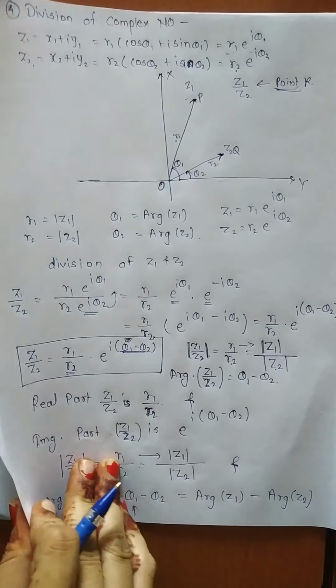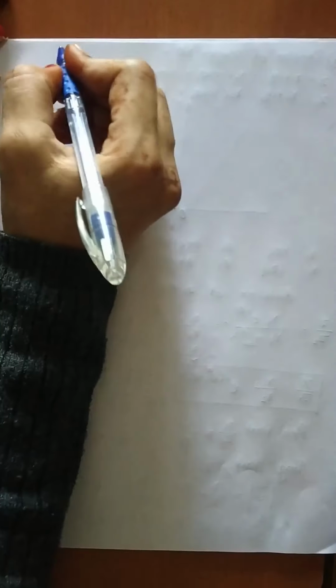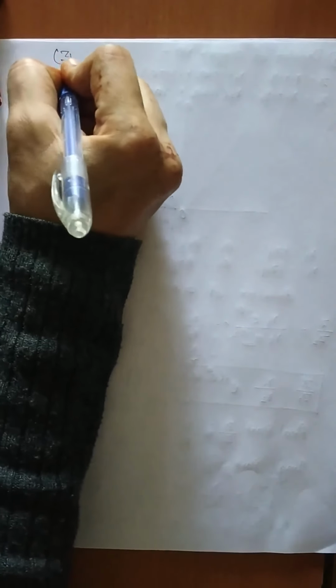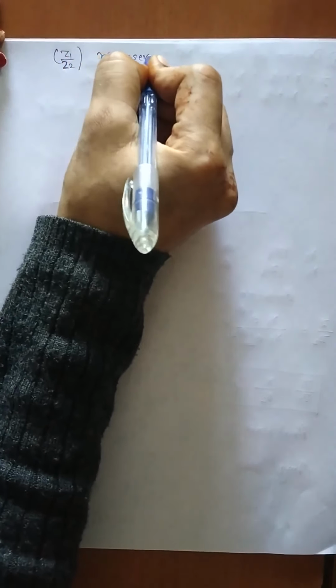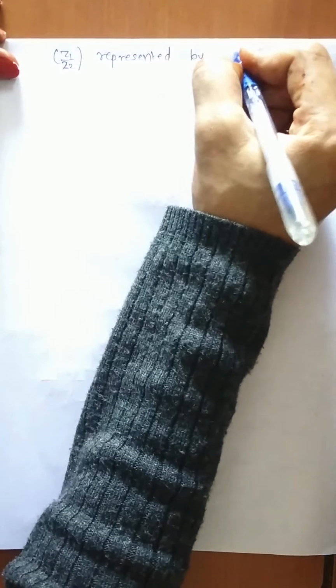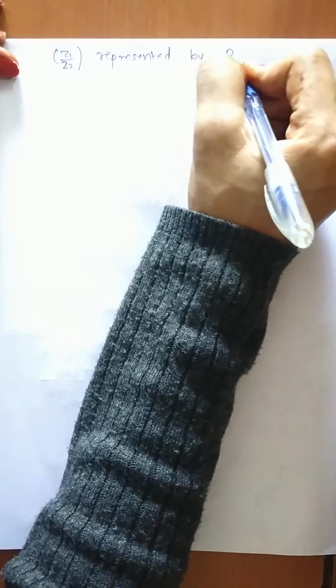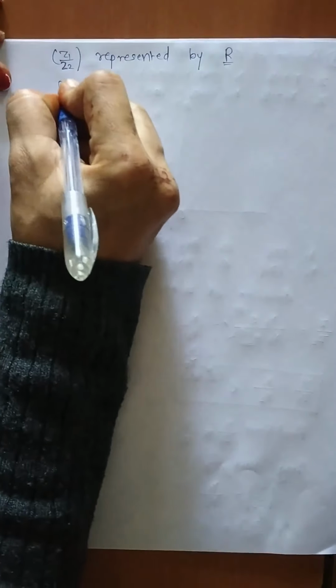So now let me show that the division of z1 upon z2 is represented by a complex number which is shown by point R, which will have polar coordinates.